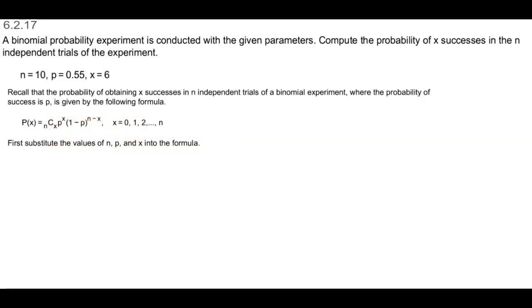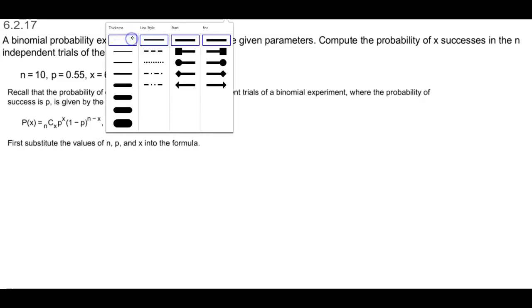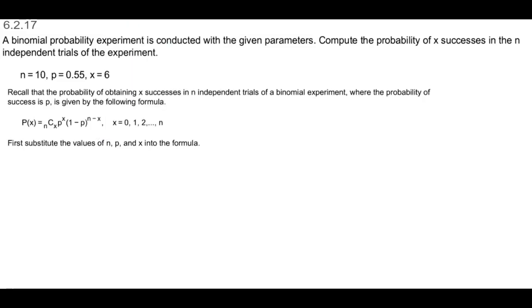Now recall that this combination, n combination X, is equal to n factorial over x factorial times n minus x factorial.